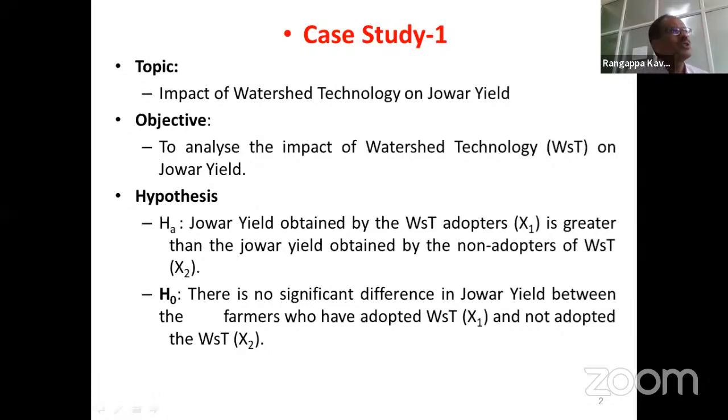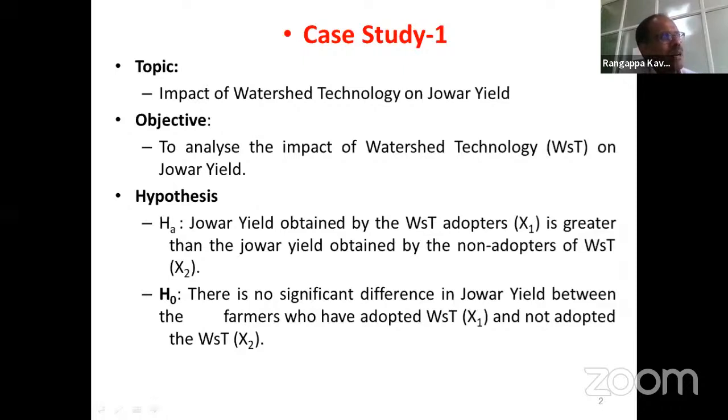Here you should properly understand the concept of independent sample and dependent sample. I told you that this is the t-test for independent samples. Independent sample means here we have two samples. One is the farmers group who have adopted the watershed technology, and another is the group of farmers who have not adopted it.